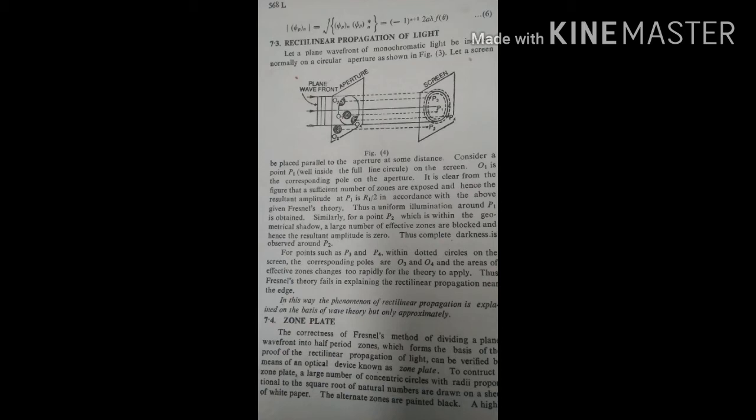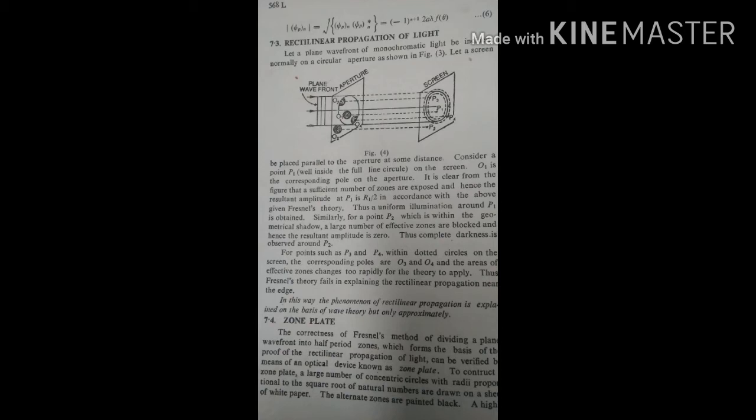Similarly, for a point P2 which is within the geometrical shadow, a large number of effective zones are blocked and hence the resultant amplitude is 0. Thus, complete darkness is observed around P2. For points such as P3 and P4, within the dotted circles on the screen, the corresponding poles are O3 and O4, and the areas of effective zones change too rapidly for the theory to apply.